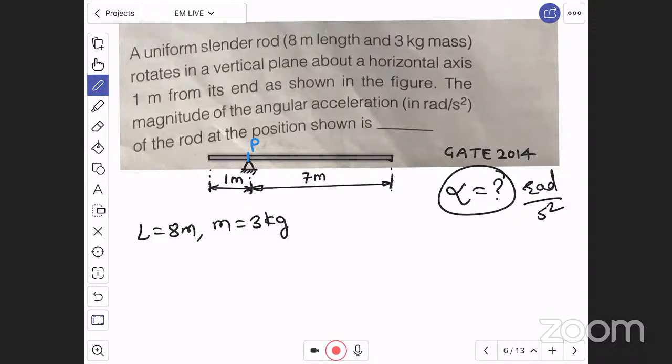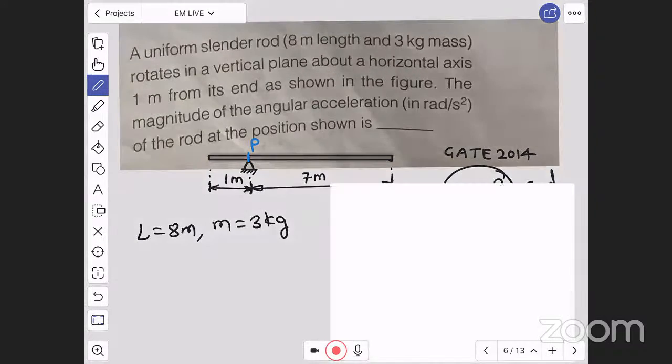Now, let us understand. Here, a rod of length L is given as 8 meter, mass is 3 kg, and from one end at 1 meter length, it is rotating about point P. Now, for this rod, alpha is the question mark.